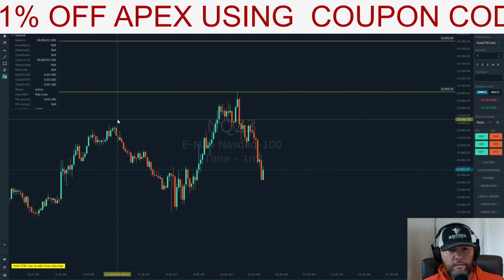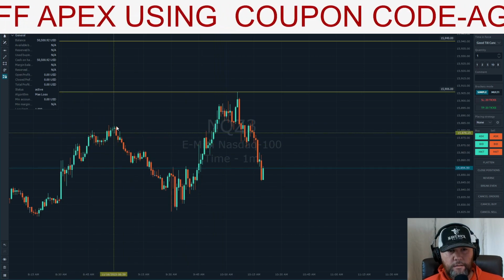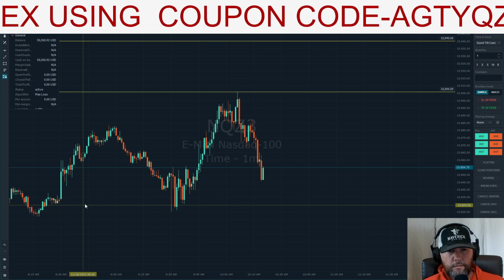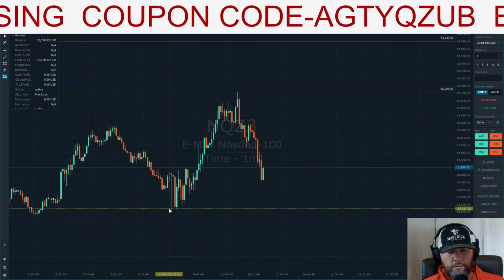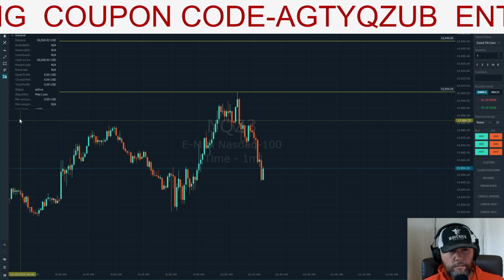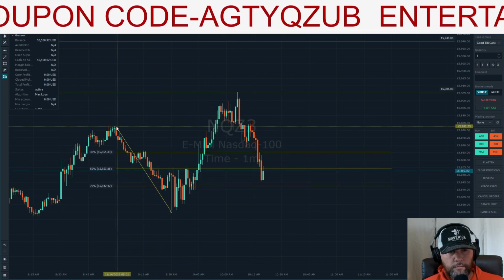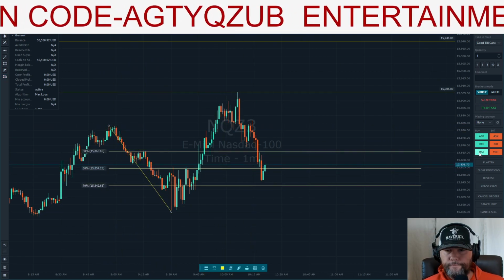We have a high, we have a low, and then we put one above the high. Supposed to be long here.